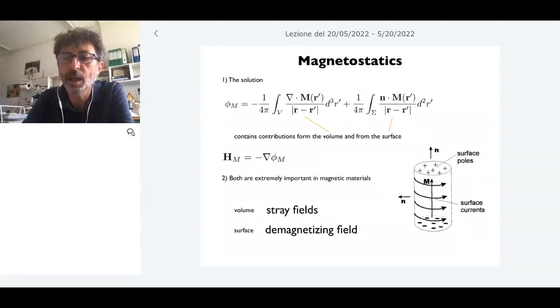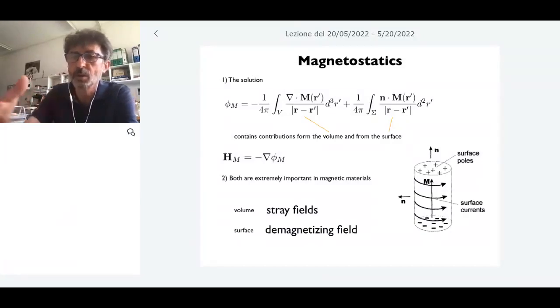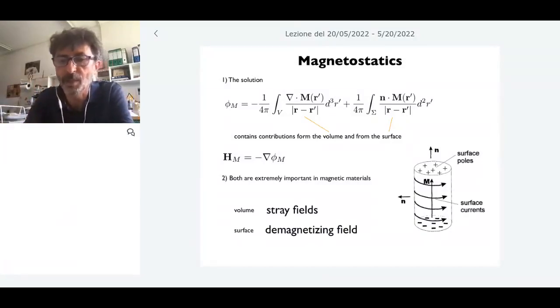If you take these currents shown there and use the right hand rule, you get a B which is pointing up. But for H it is the opposite. The magnetic field that is generated by the surface poles goes in the opposite direction inside the material.